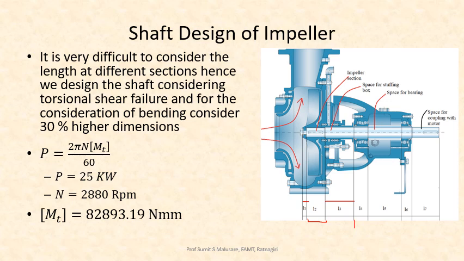Now L4 plus L5 plus L6 is the total length provided for the bearing housing. Out of that, L4 is for the bearing at the initial end, and L6 is the length provided for the bearing at the last. While selecting the bearing we have to assume that the entire radial load is shared by the first one.